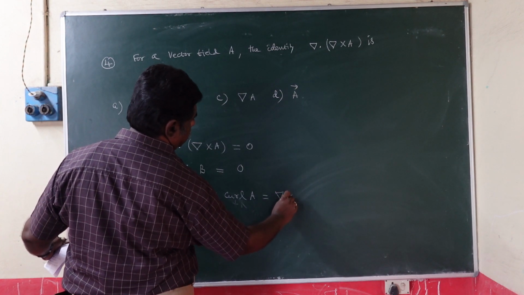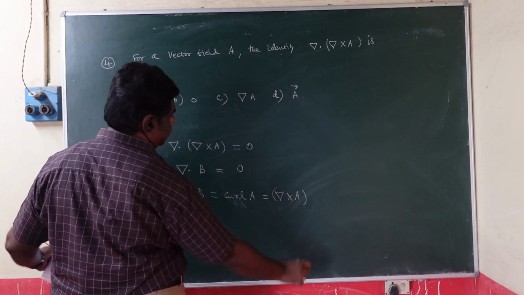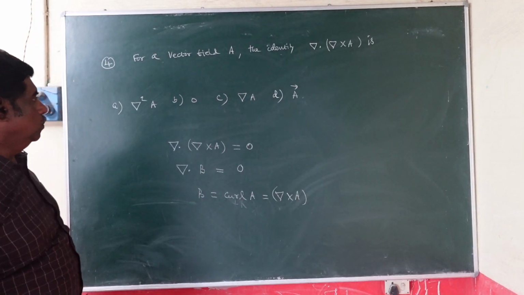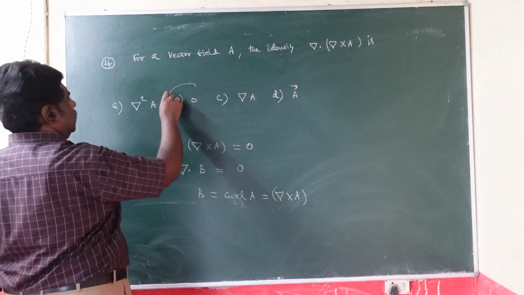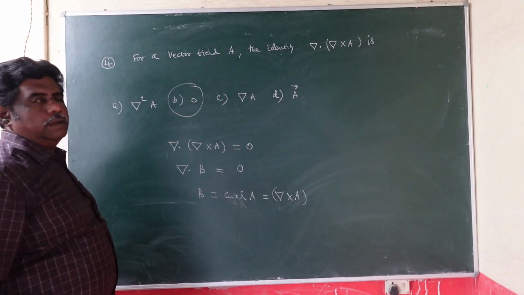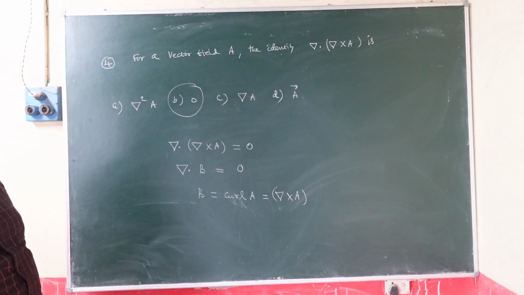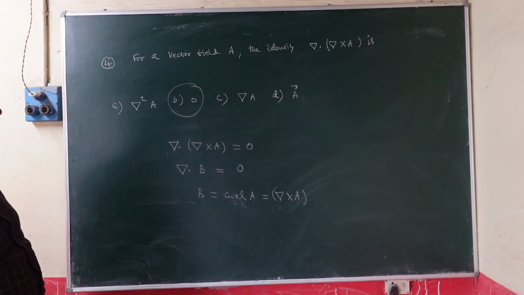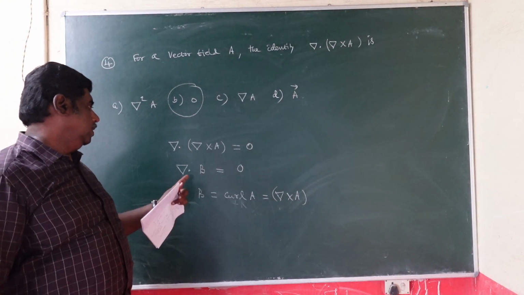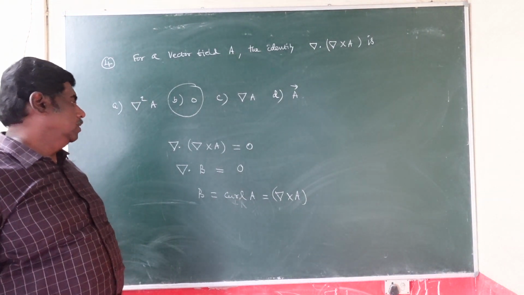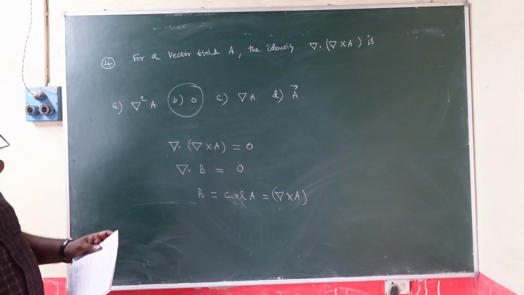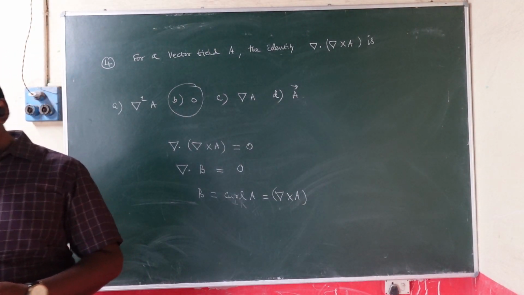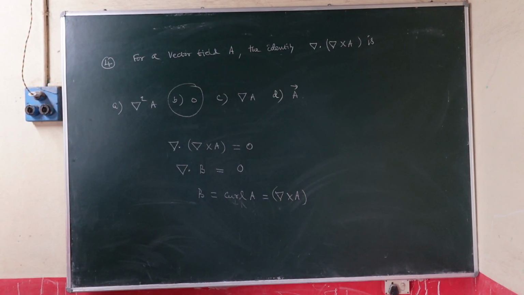This is an identity. Therefore, option B is correct. Divergence of curl of a vector is 0. This is the solenoidal condition, div B equal to 0. Then we'll go to the fifth problem.